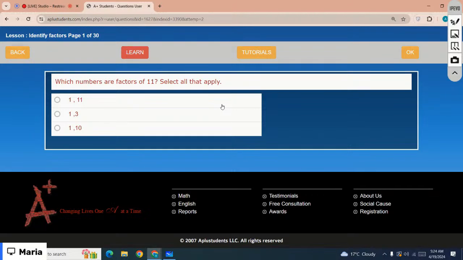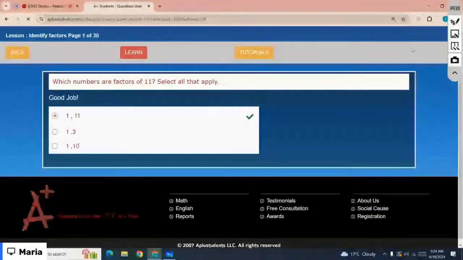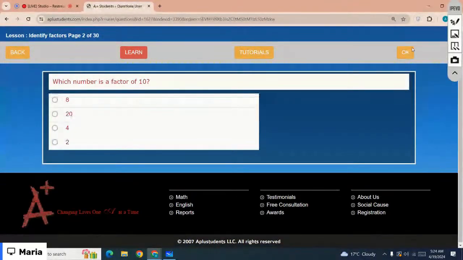Option number 1 is the correct option, right? Okay, which number is a factor? Which is the correct option?